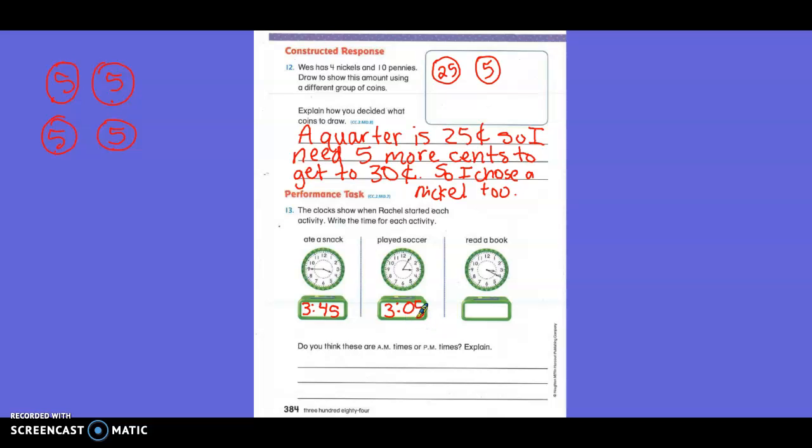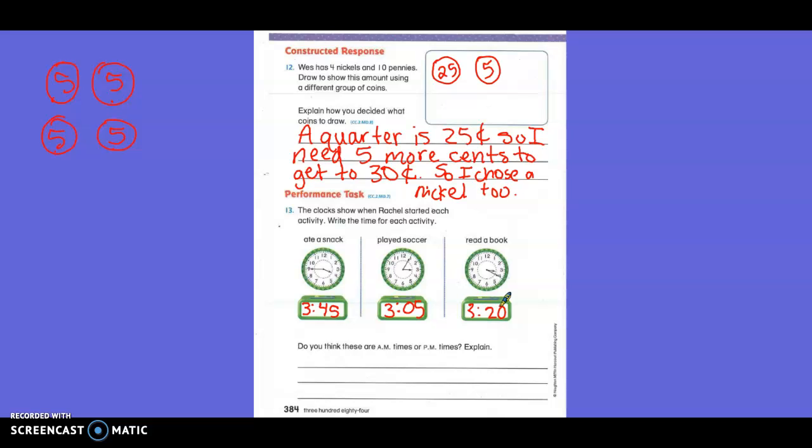And then let's look at, read a book. What's the hour, Kinley? 3, and what're the minutes? Jason? 20. Okay, boys and girls, those are all in the same hour, right? It's like a lot of activities in the same hour, but we don't know if they're AM or PM.